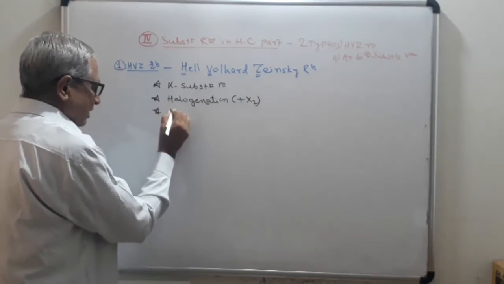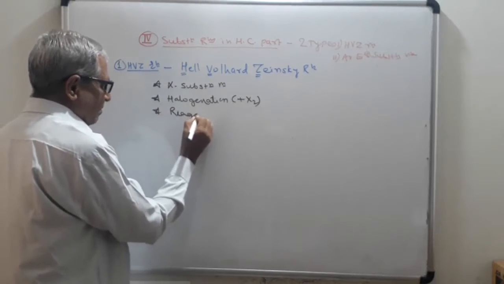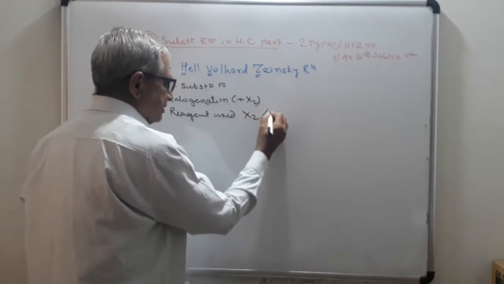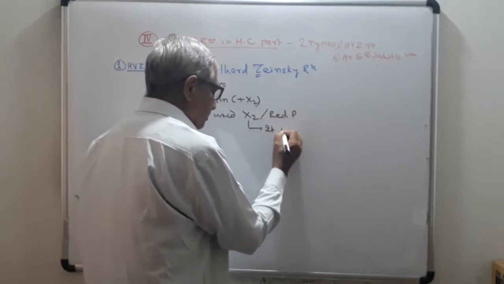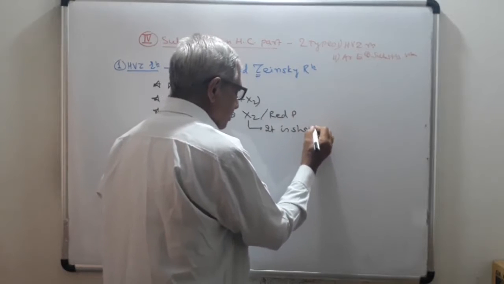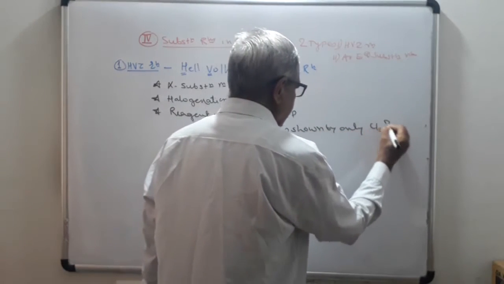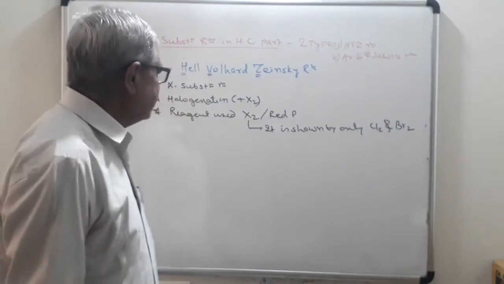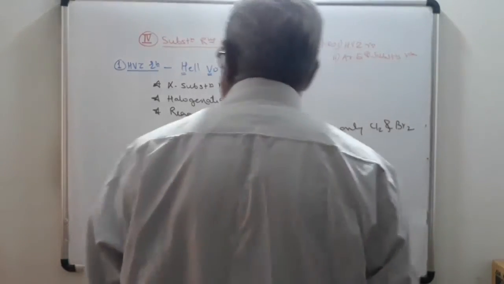The reagent used is halogen in presence of red phosphorus. It is shown by only chlorine and bromine, not fluorine and iodine. So these are the important points here for the HBZ reaction.